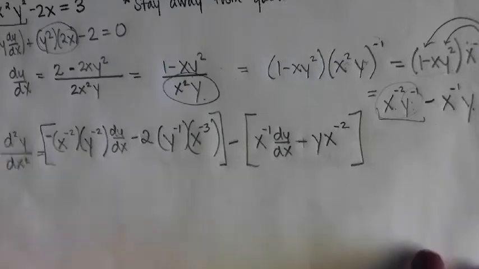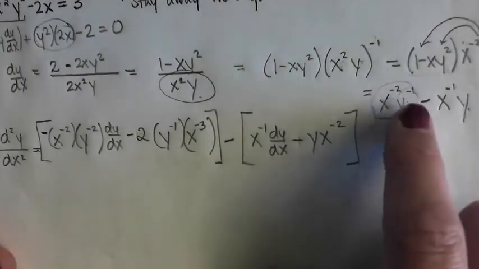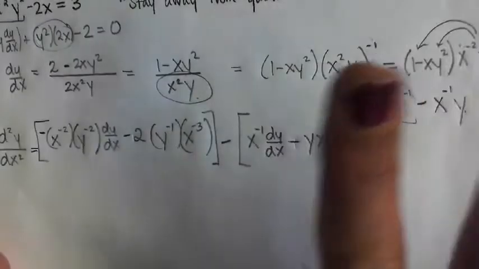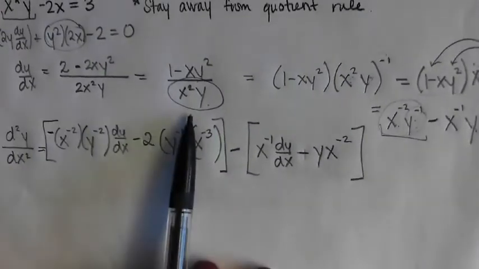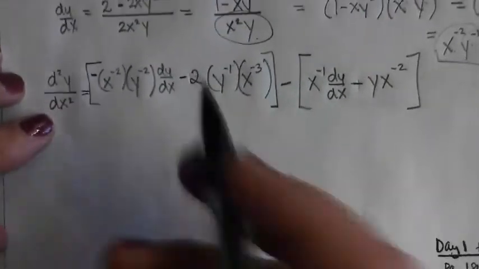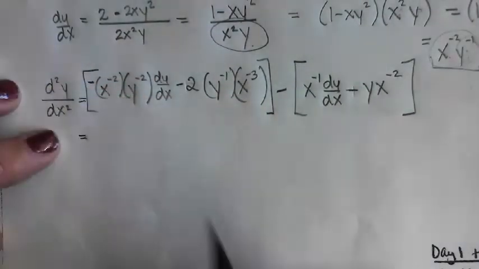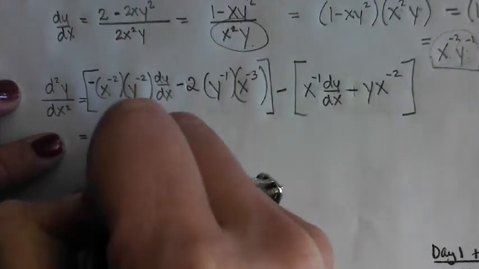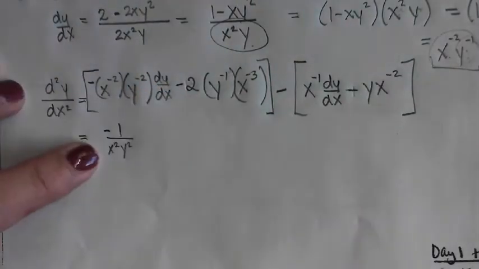Okay. I don't dare plug this in right now, because that would be crazy. I'm going to clean this up first a little bit to make me feel better about myself. This is negative 1 over x squared y squared dy dx.